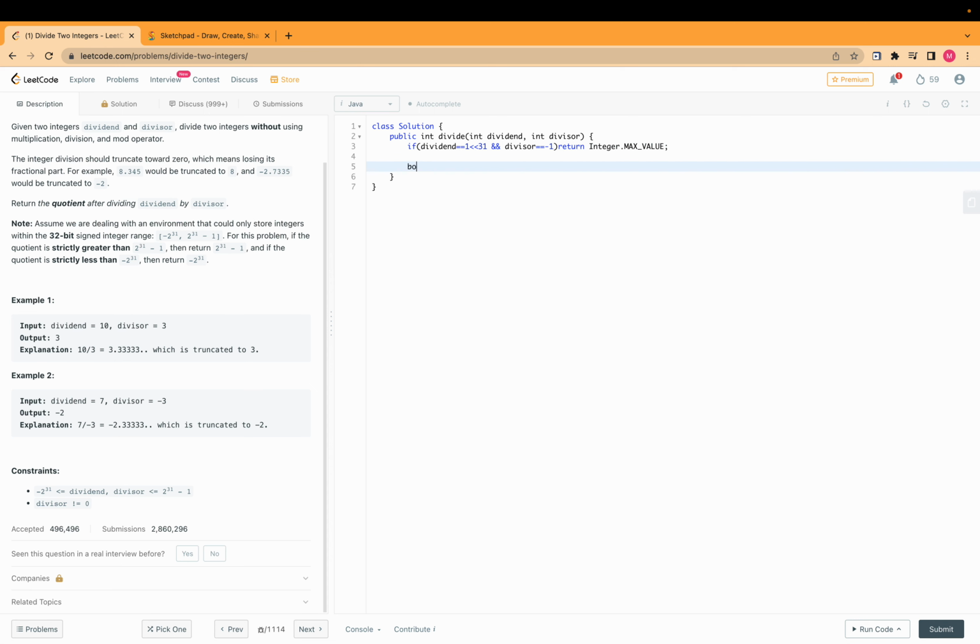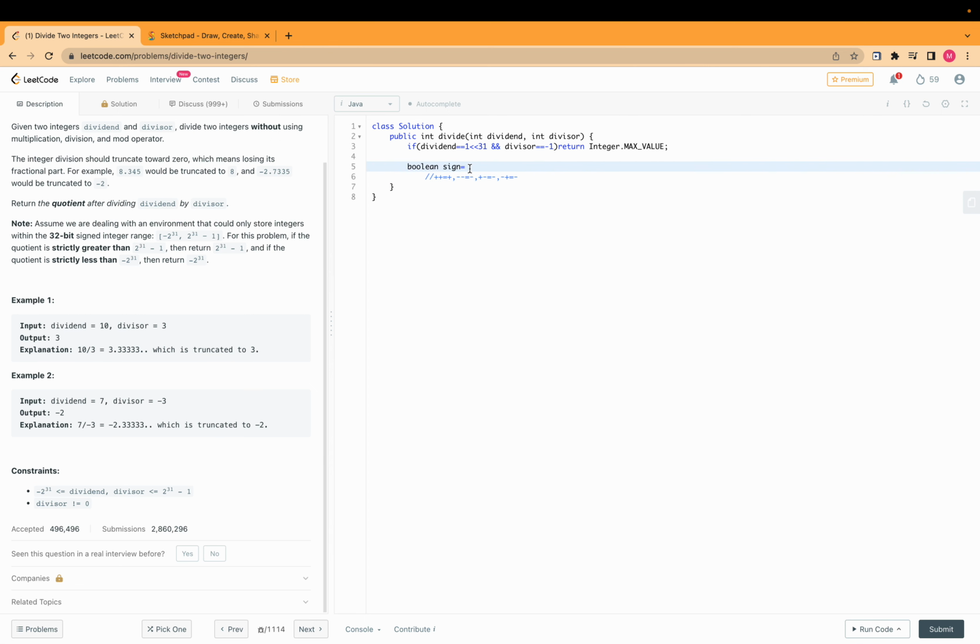And here we will have a boolean which will tell us the sign. We already know, for positive we have the sign positive, and for negative we have the sign negative, and if the sign is positive and negative, or negative and positive, then we have the sign negative. So if they have different signs, the sign will change.